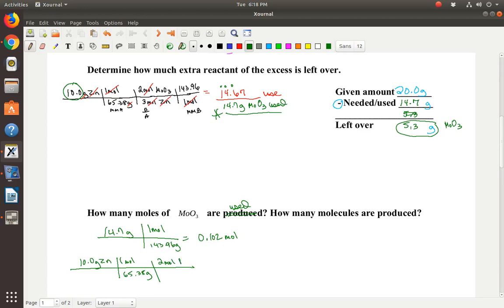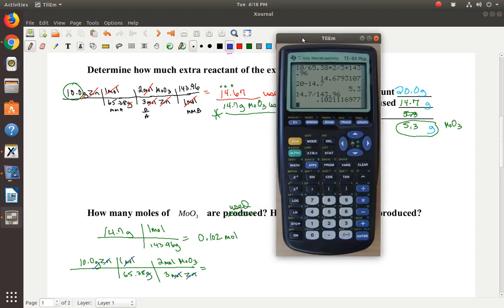2 moles of MoO3 to every 3 moles of zinc. And since that's as far as I need to go, because I'm canceling out grams and zinc, and grams and zinc, and moles, and I just got MoO3. I'm going to pull it up and see how close it is to the number I just did.